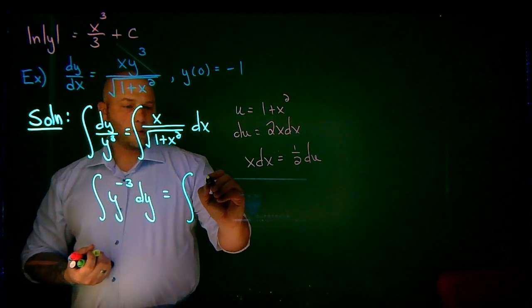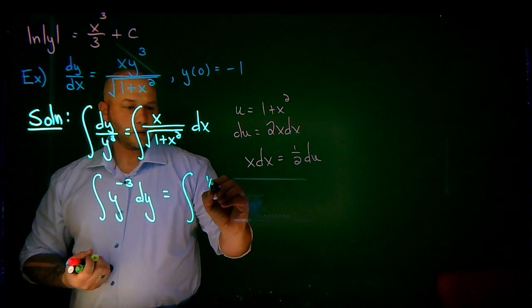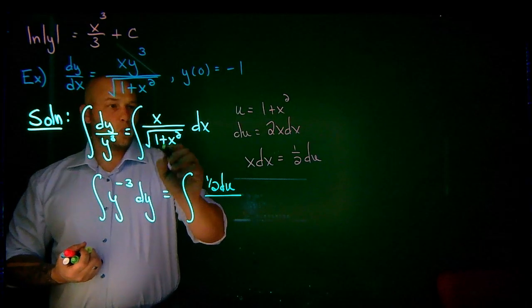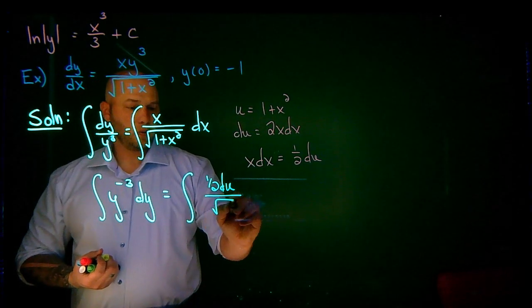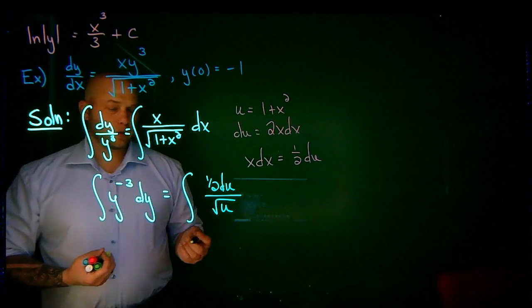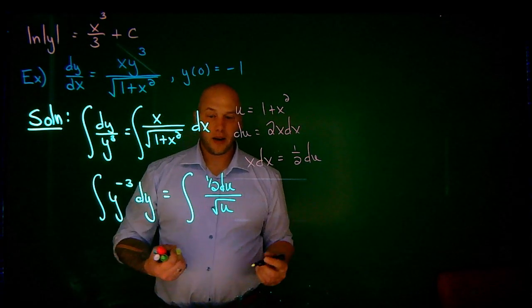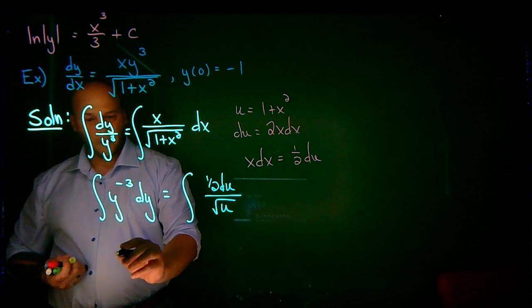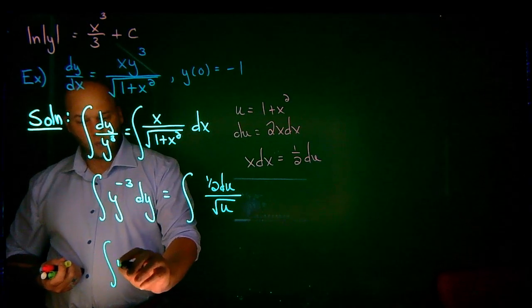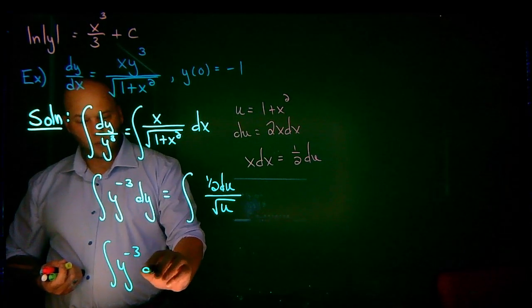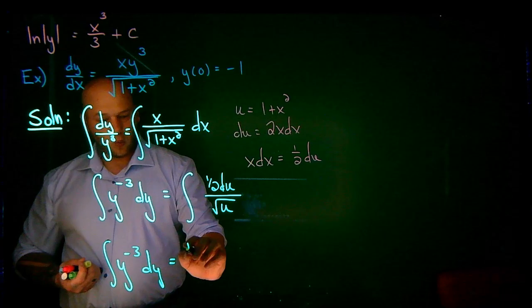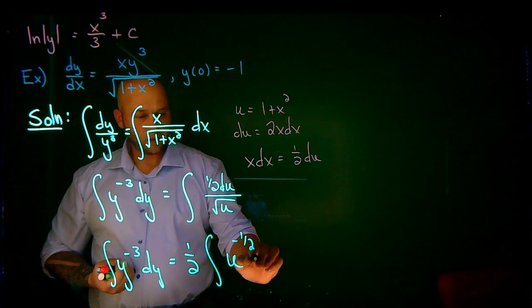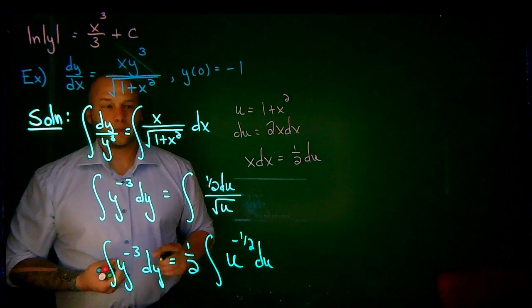This is going to give me 1/2 du over the square root of 1 plus x squared, which is the square root of u. And of course the reciprocal of the square root is just a negative 1/2 power. And this 1/2 constant I can pull outside. That would give me the integral of y to the negative third dy is equal to 1/2 integral u to the minus 1/2 du.